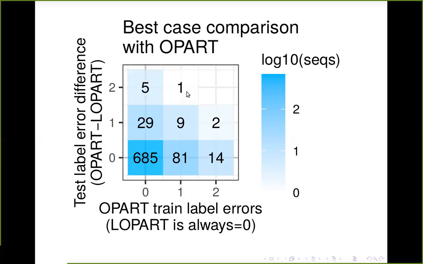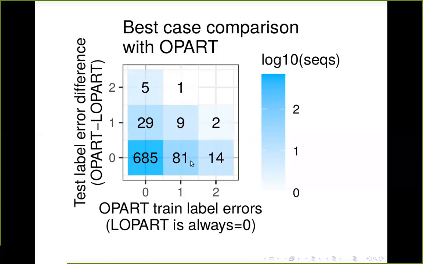But in a bunch of cases over here on the right side, that means that OPART has some train errors, whereas LOPART has none. And above the 0, we see that the difference between OPART and LOPART in terms of test errors is sometimes positive. That means that sometimes LOPART is actually better in terms of test error than OPART.